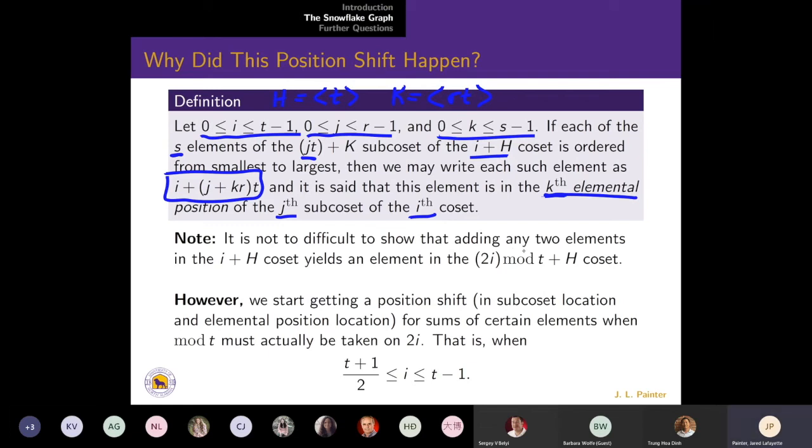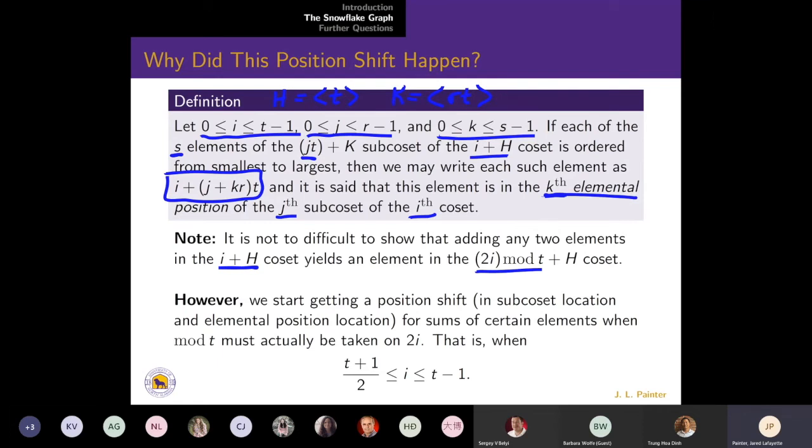If we add any two elements in the I plus H coset, then that yields an element in the 2I mod T coset. Well, if 2I mod T is just 2I, meaning that the 2I value is not more than halfway across my coset locations, then I don't have any issue with doing a subcoset shift.